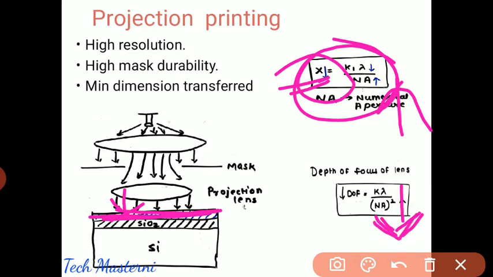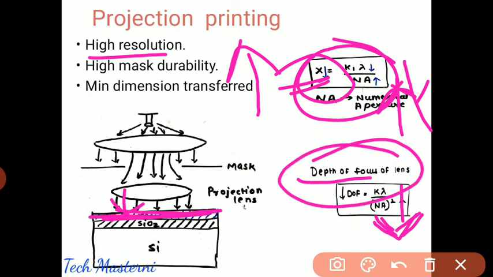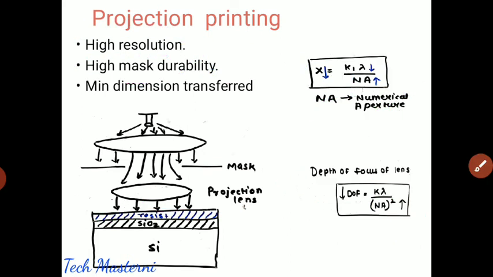But if you decrease the numerical aperture, the X value will increase and our resolution will be compromised. So if you want to increase the resolution, you have to compromise the depth of focus, or if you want to maintain your depth of focus, you have to compromise your resolution. This is the problem in projection printing.